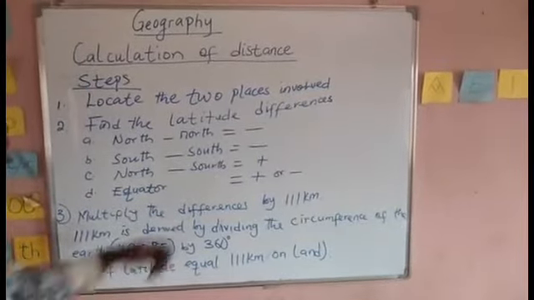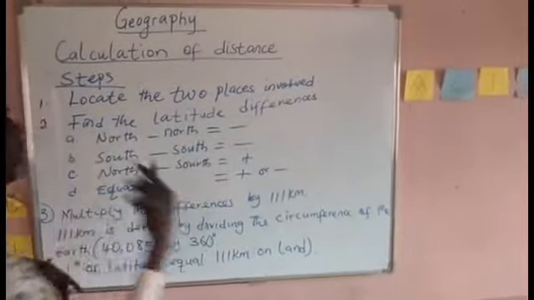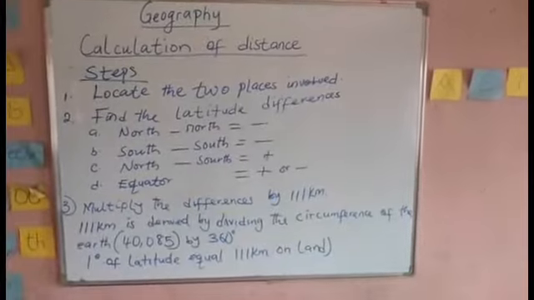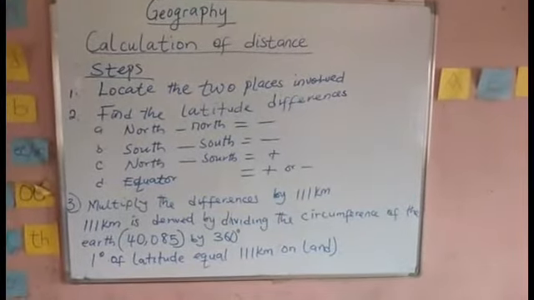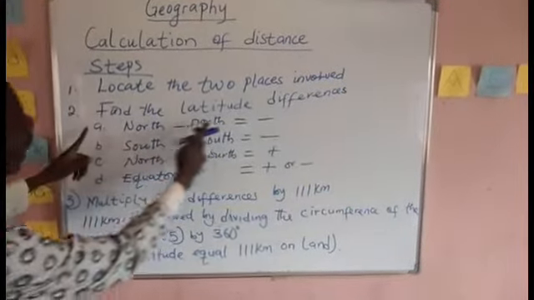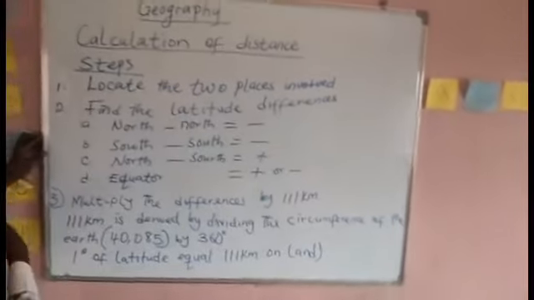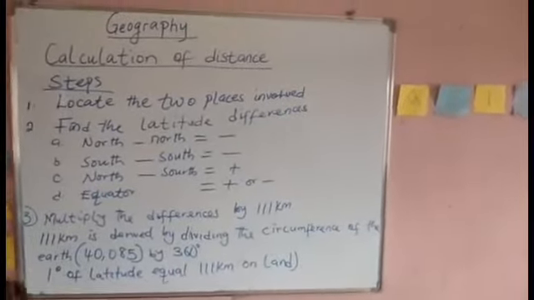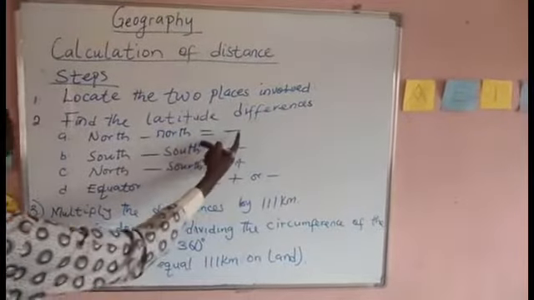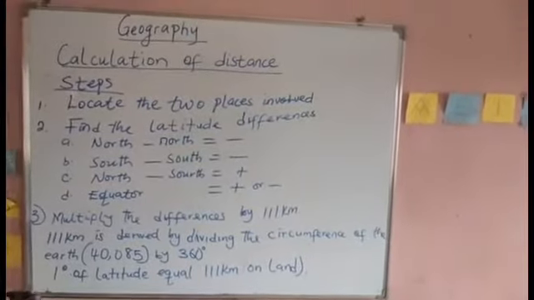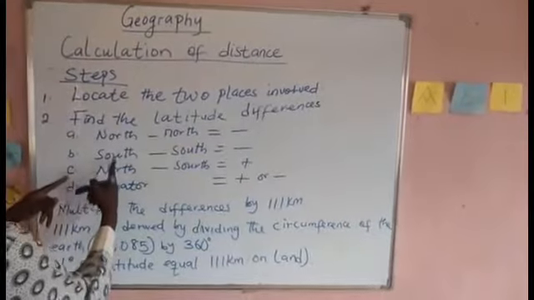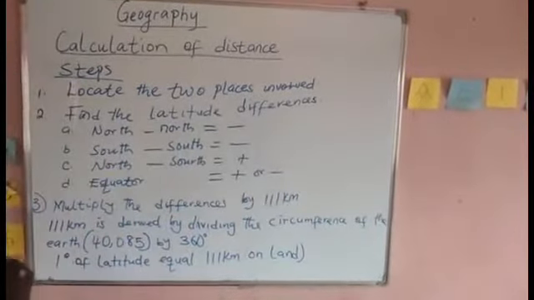In mathematics, differences is simply talking about subtraction, but we have to be careful in this case. In finding the latitude differences, take note: if the latitude given to you are north, we subtract. If the latitude given to you are south, we subtract.